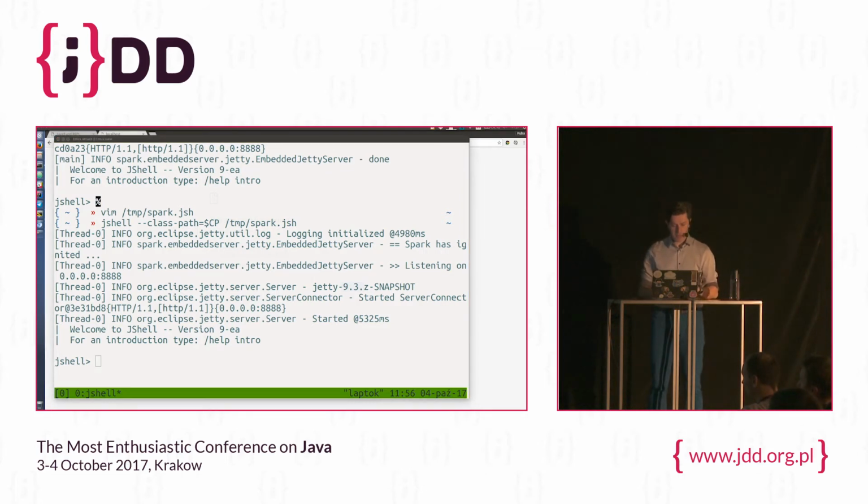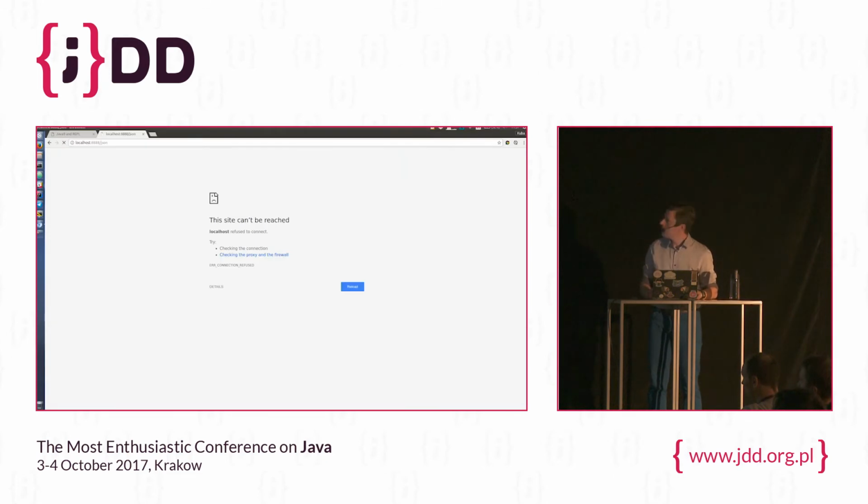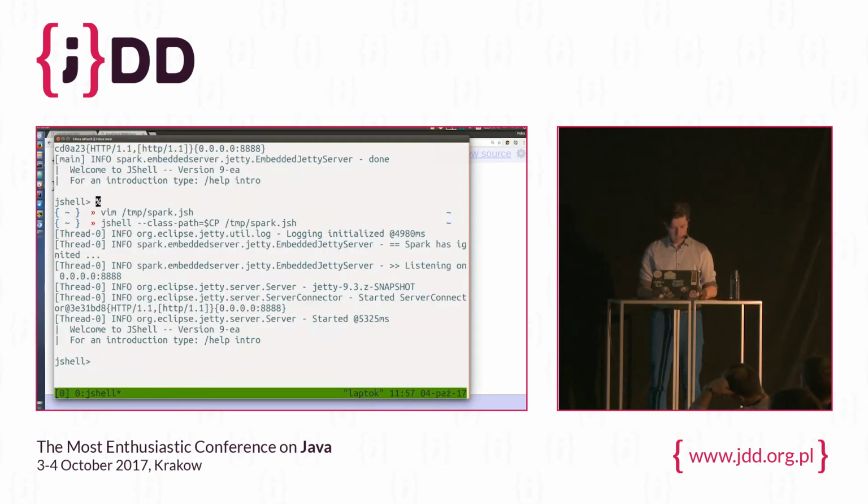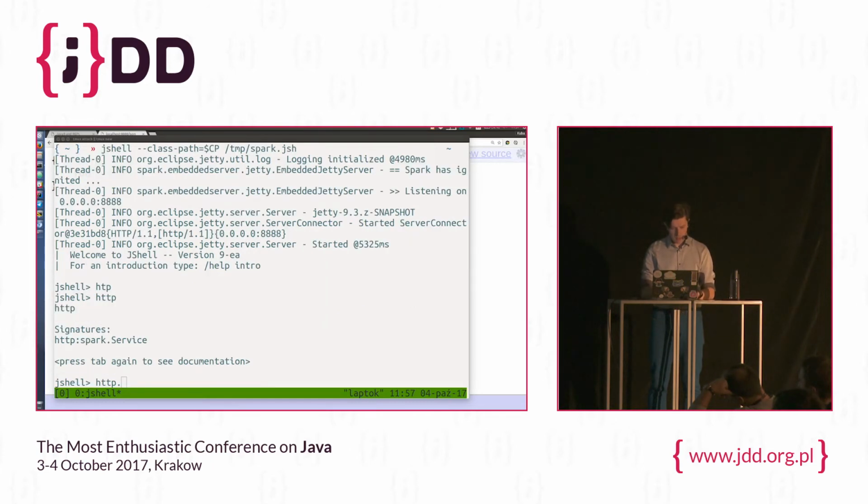So I have now the server is running. Okay. Yeah, that's my foo bar, and I can jump in and say add another get endpoint whatsoever and work live with an application.